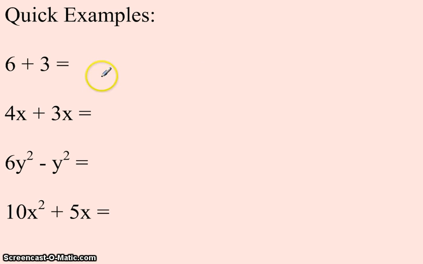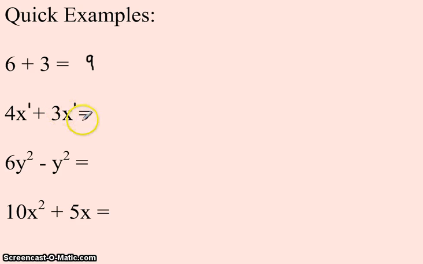Well, 6 plus 3, obviously, these are like terms. We can combine them. We've been doing this forever. 6 plus 3 is 9. Similarly, 4x plus 3x. They've got the same variable, x and x, and the same power. Really, it's x to the first and x to the first right there.